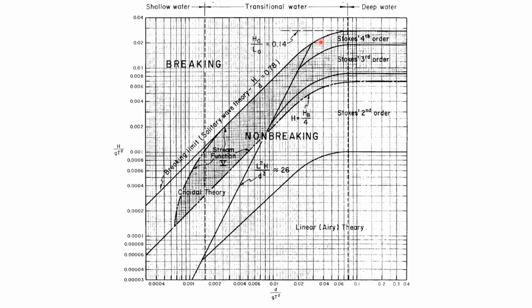For example, Stokes fourth order theory will be the best to describe waves in this region, or Stokes third order in this region, Stokes second order in this region, cnoidal wave in this region.